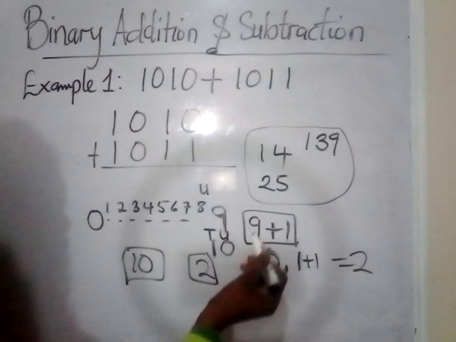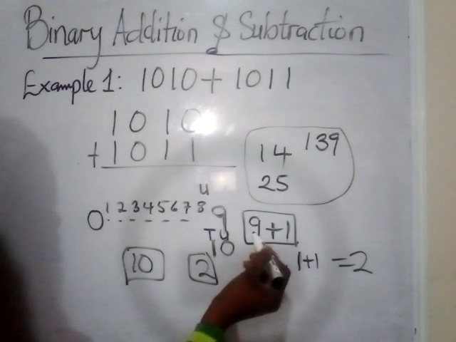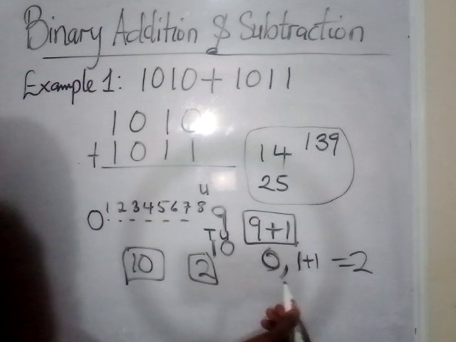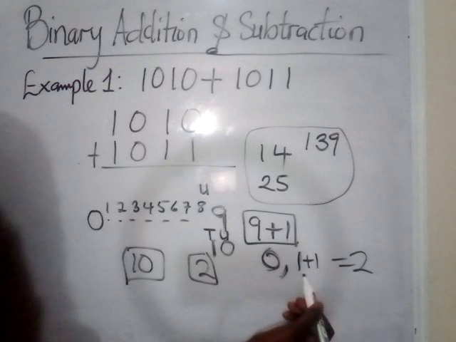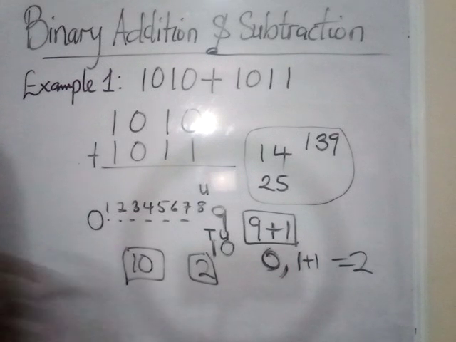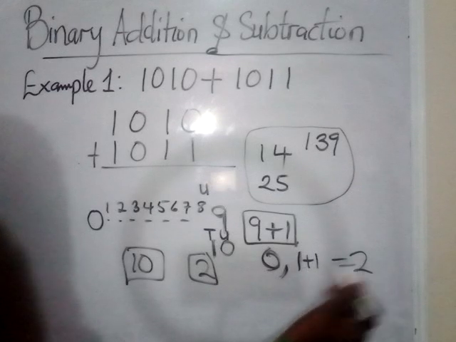Remember, there is no more symbol to represent a number bigger than 9, so we start combining. The same way, because 1 is the largest digit in the binary system, if you add 1 to 1, you can write 2.